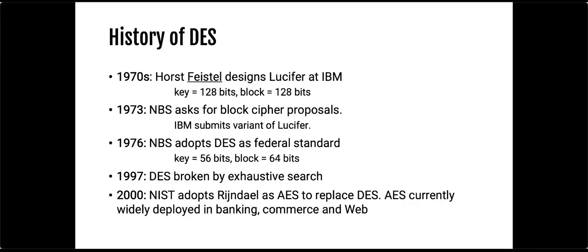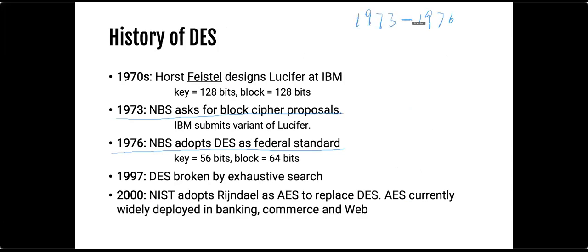Here, right? So this is the time that the NBS asks for proposals, looks into this option of DES, and decides to adopt DES. So remember, this is 1976, to be precise.